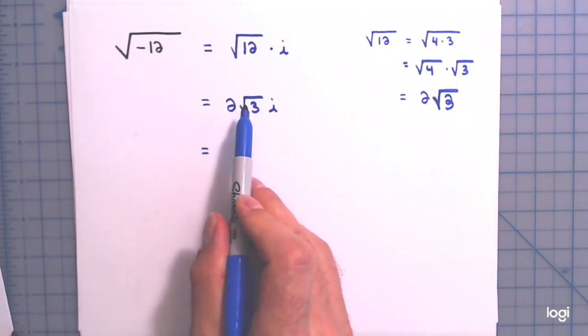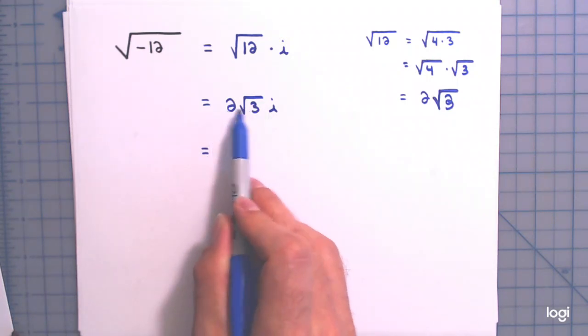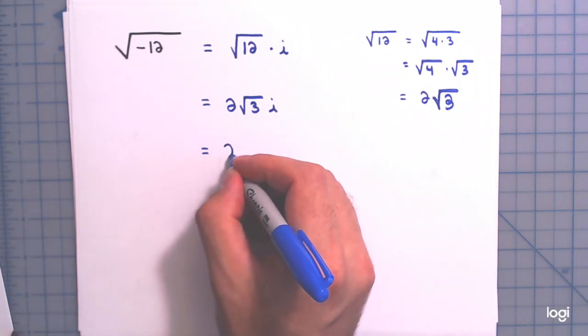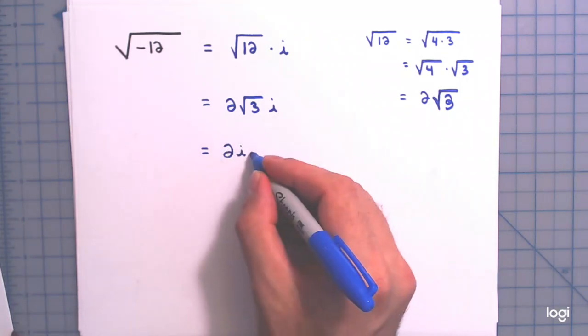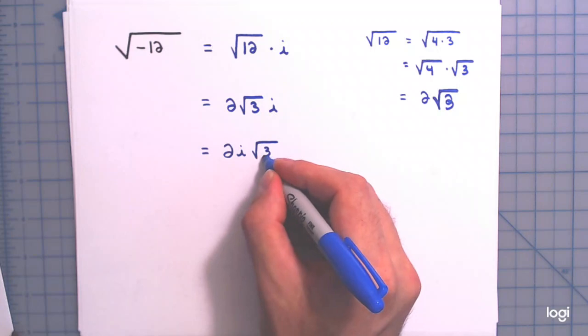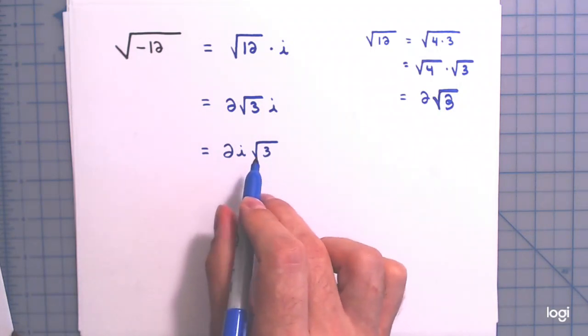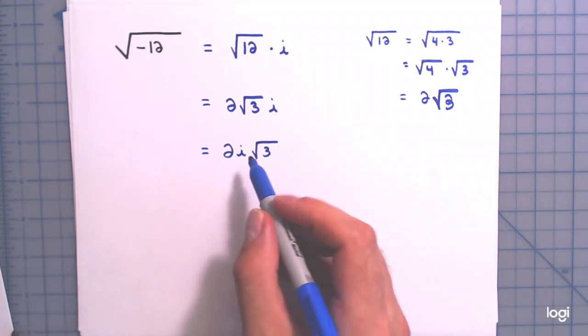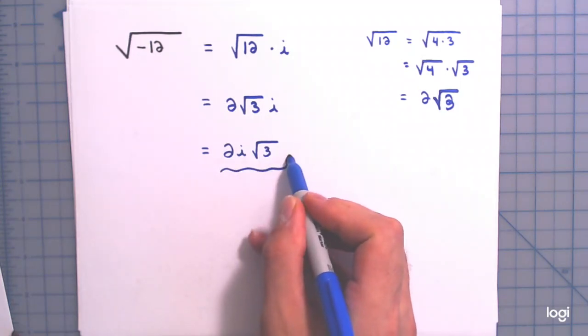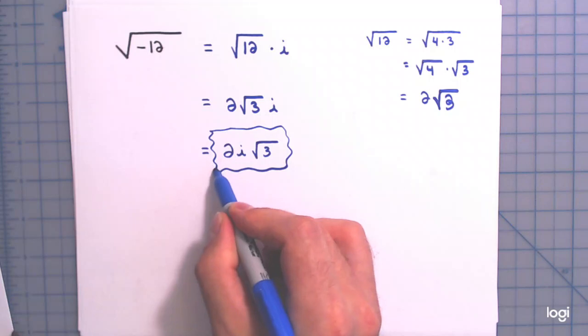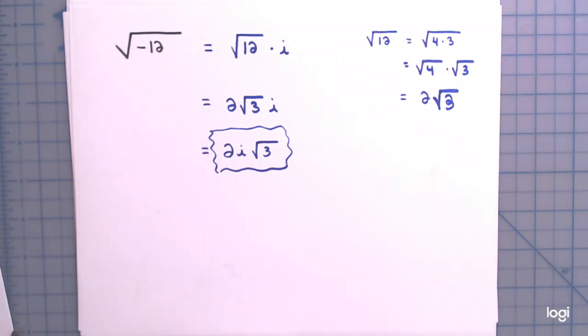So instead of 2 times the square root of 3 times i, just rearrange them, and you can have 2 times i times the square root of 3. Usually the non-radical factors are put in front of radical factors. I'll put this in a box here. So there is the principal square root of -12.